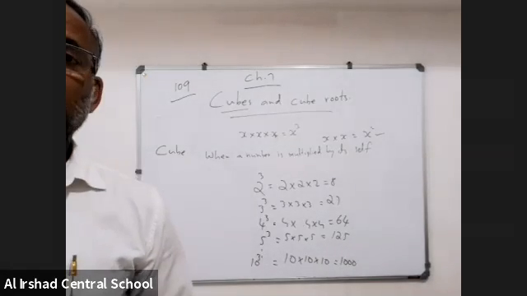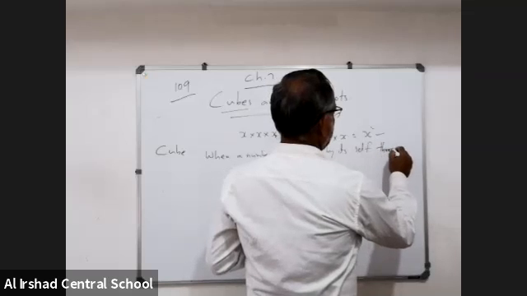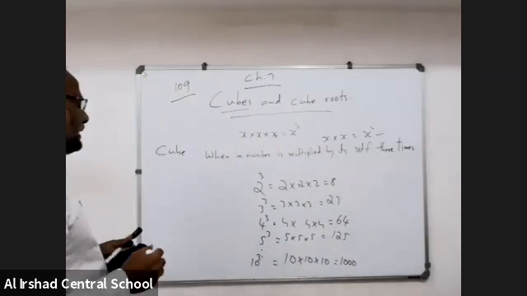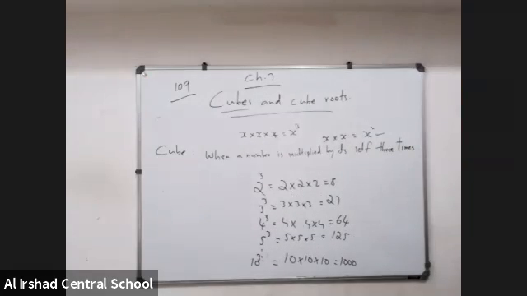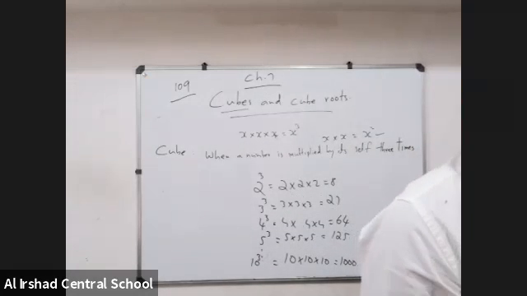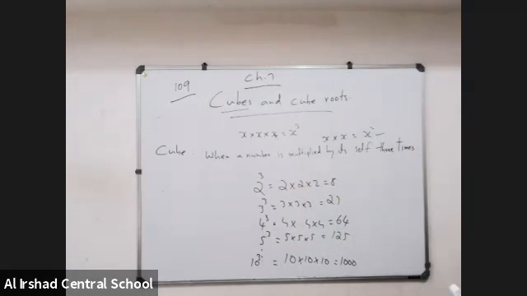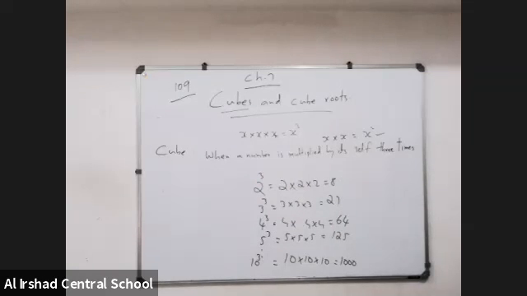When a number is multiplied by itself 3 times, we get the cube of that number.